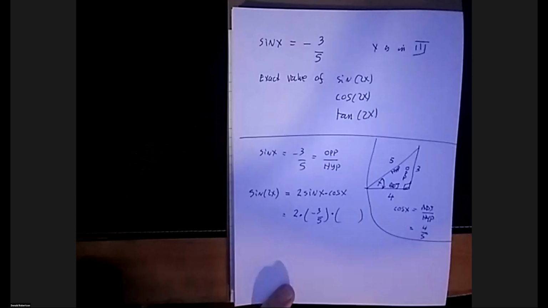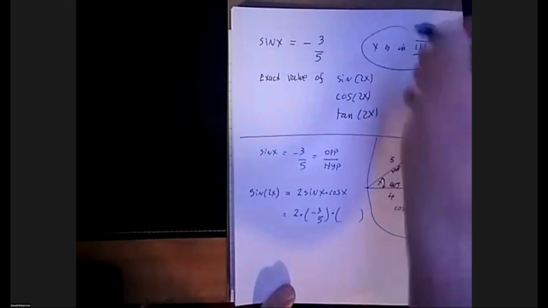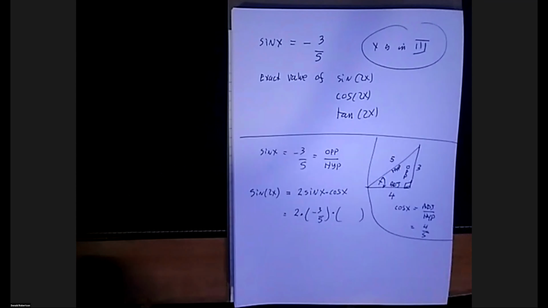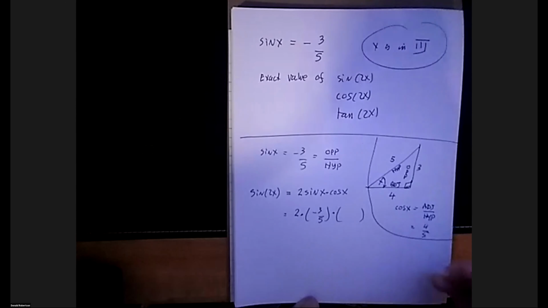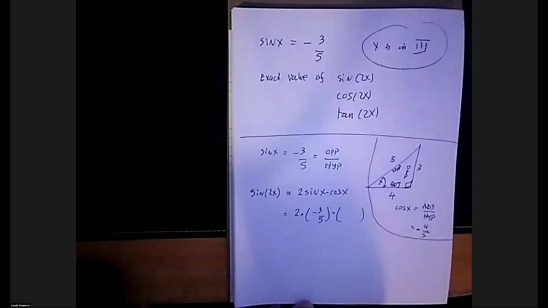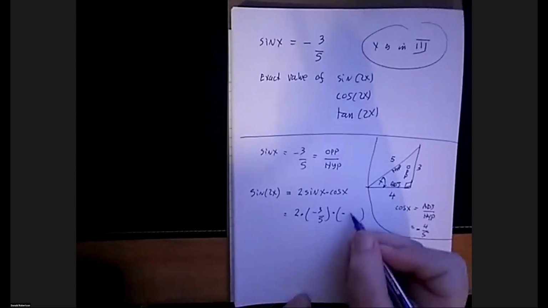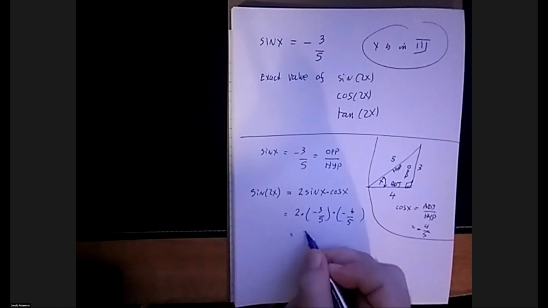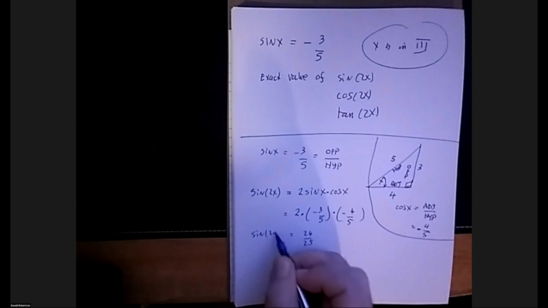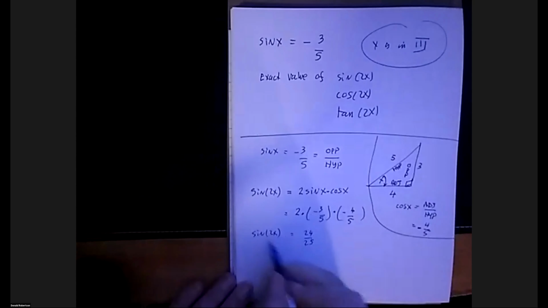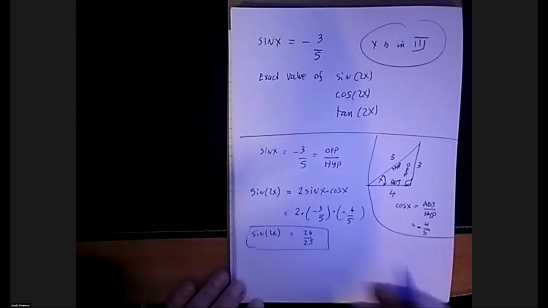But, and it's a big but, the angle is in the third quadrant. So cosine x is an angle in the third quadrant. And in the third quadrant, the cosine is negative. So you put all that together and you get positive 24/25. So there's one of the 3 answers.